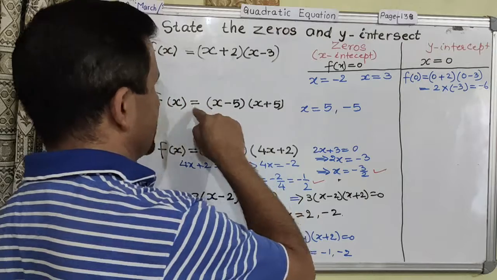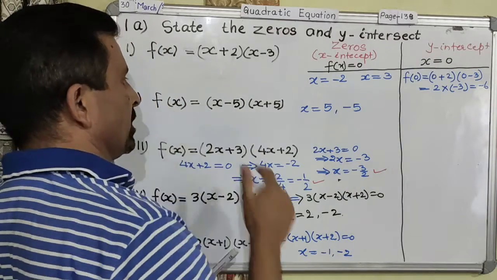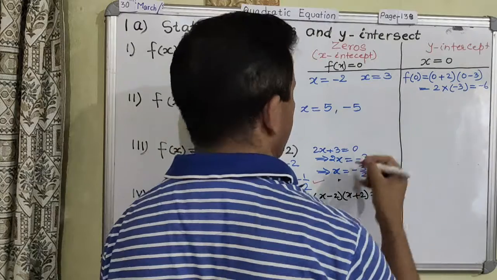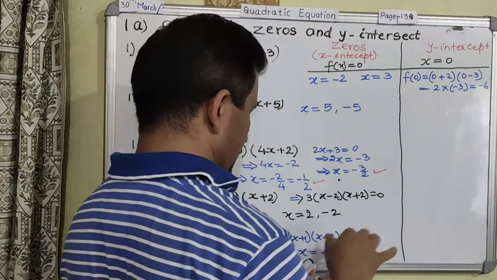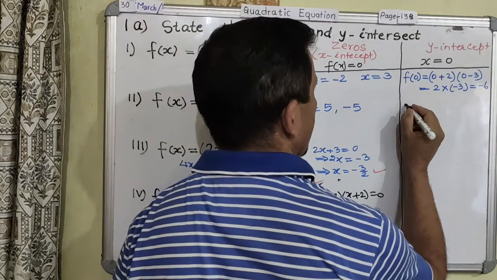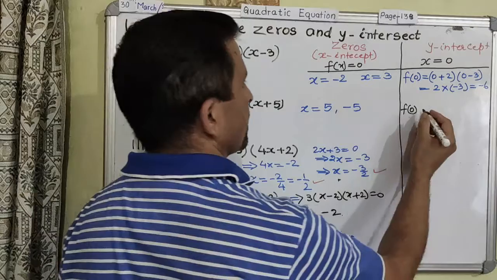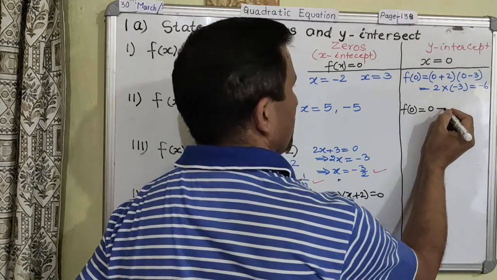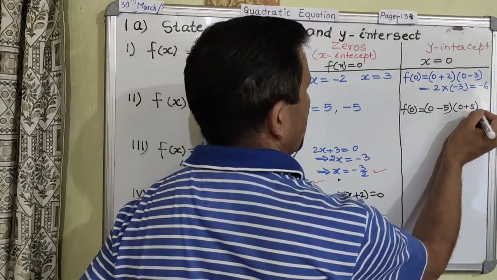Now the next equation. For this equation we are going to find the y-intercept. Again I will take x equal to 0 in this one. Put it in the equation: (0 minus 5) and (0 plus 5).